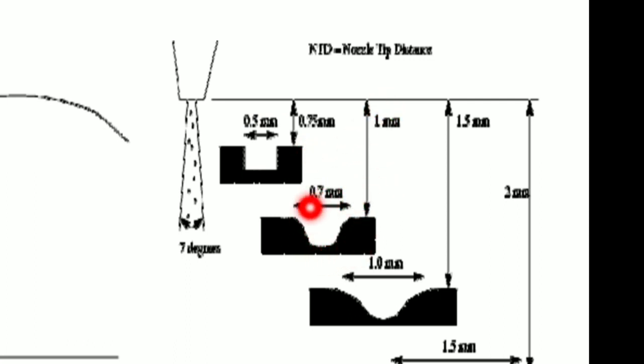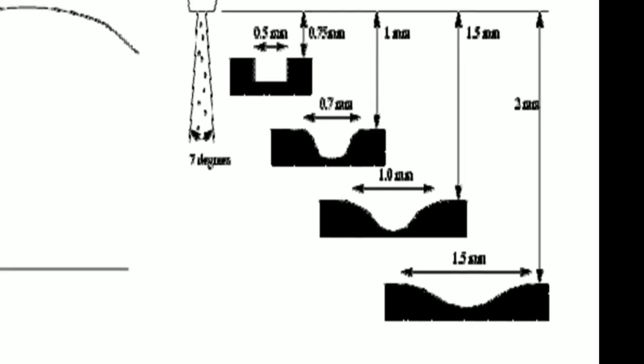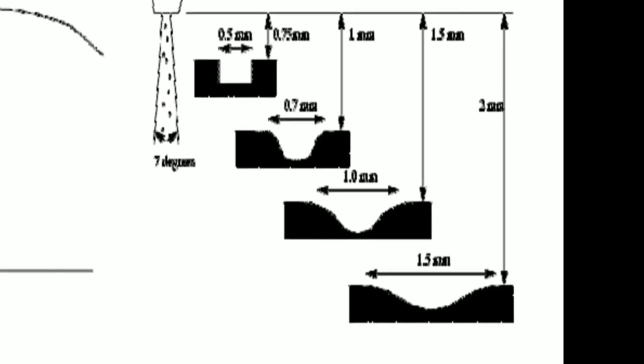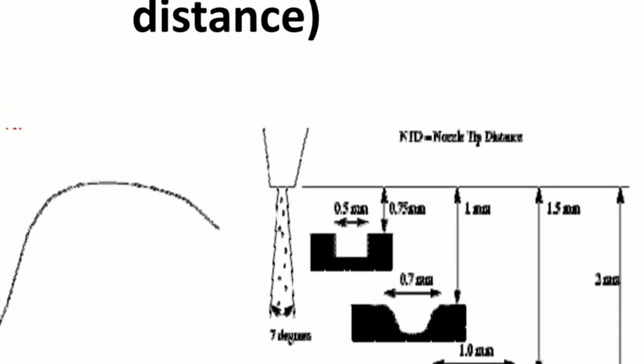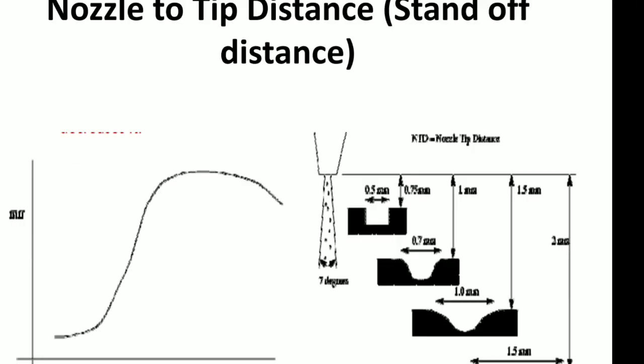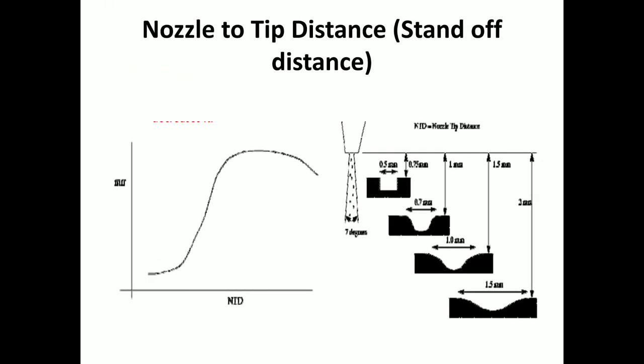There is more divergence, and so the shape is not exactly what we wanted. There will be a disturbance and the shape or contour which we wanted will not be there. So this is also the negative effect of increasing the NTD. So it has to be optimized for MRR and to get the particular shape.